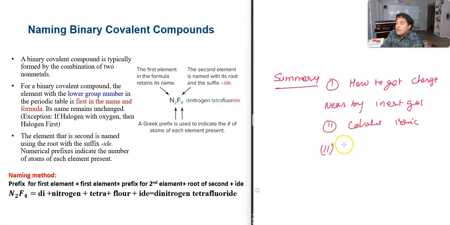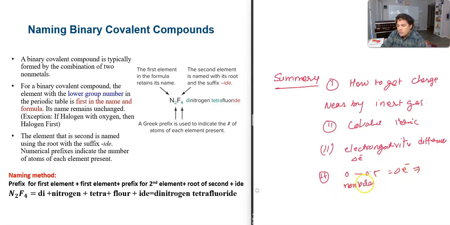And the other thing is the electronegativity difference. We studied electronegativity, right? That is the tendency of pulling electrons towards itself. So we studied that the electronegativity difference, let's call it delta E. If delta E is 0 to 0.5, it is a non-polar covalent bond.